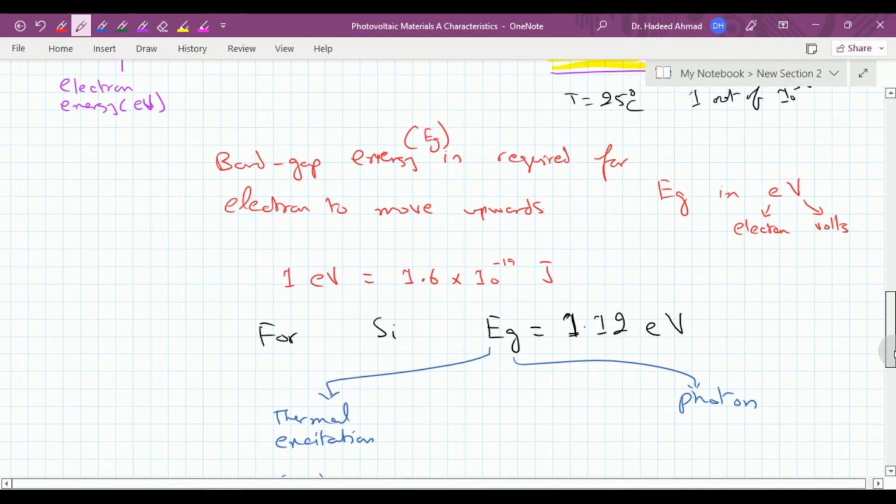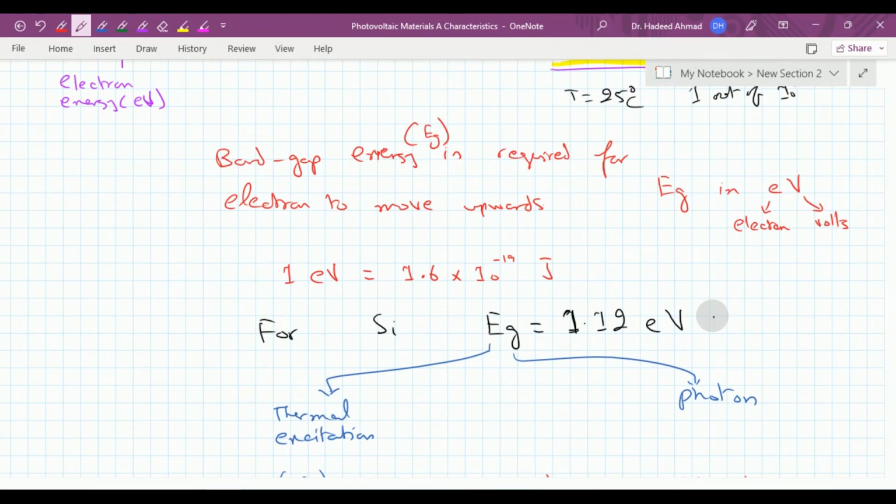Earlier we have seen that this is in terms of electron volts, that 1.12 electron volt is required, and because a photovoltaic material is exposed to sunlight, it is easier for us to have a variable according to which we can see the solar spectrum as well.